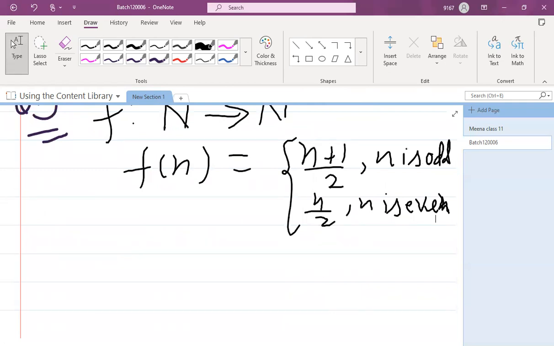State whether the function f is one-one, onto or bijective.